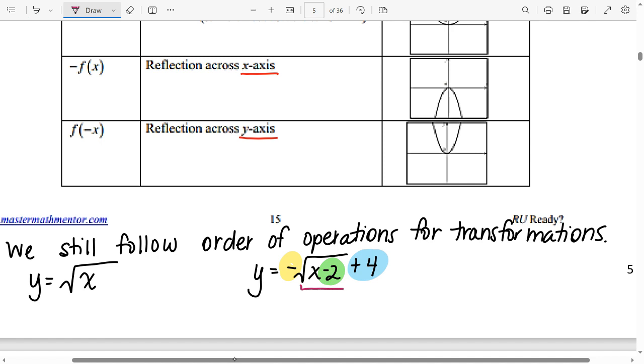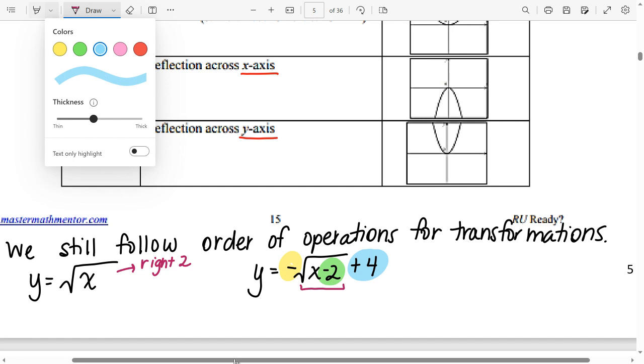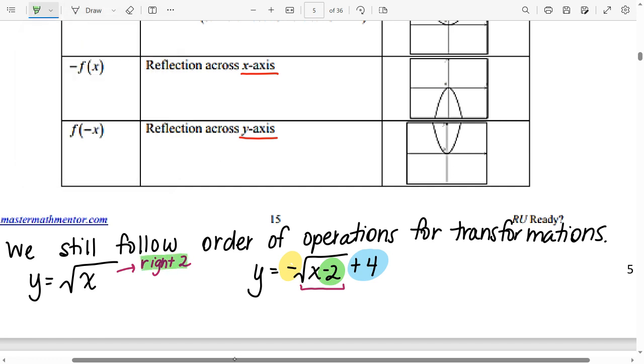So I need to do this one first, which means I need to shift my parent function right 2 units because of the minus 2. Then I would do multiplication, which would be the negative. So I would reflect across the x-axis.